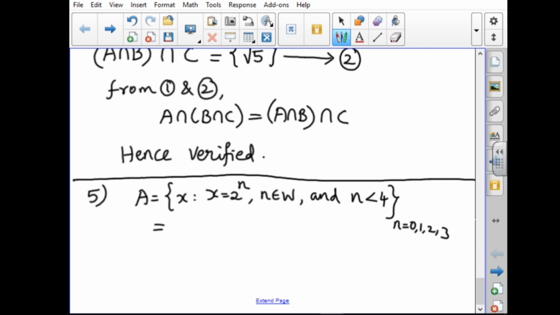Okay, so x is equal to 2 power n. If n is equal to 0, 2 power 0, what do you get? 1, because anything power 0 has value 1. So this is the x value. If n is equal to 1, x is equal to 2 power 1, that is 2.